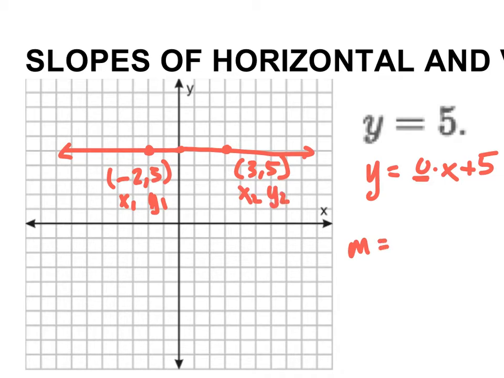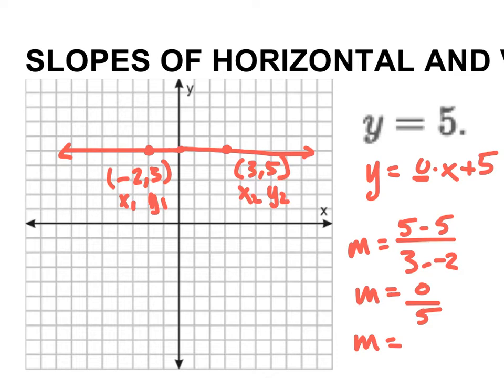My slope m is going to be equal to 5 minus 5, not 5 minus 3, over 3 minus negative 2. So my slope m is going to give me 0 over positive 5, and 0 divided by 5 is just going to be 0. That's my slope there.